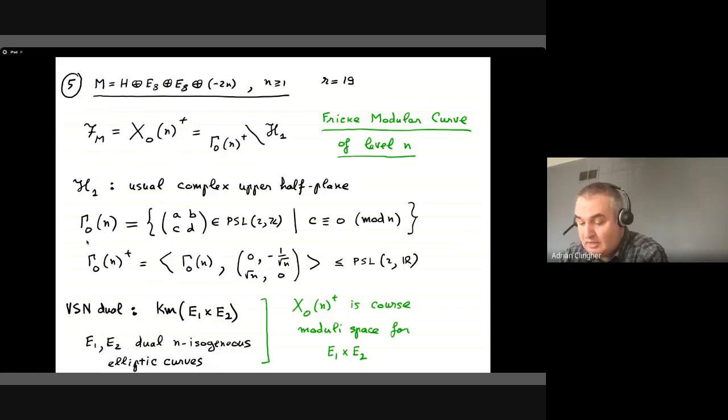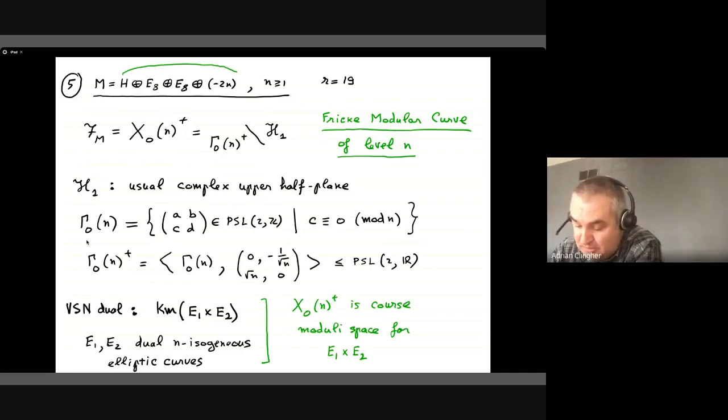Why don't we look at a lattice polarization that has this form? So hyperbolic plus 2E8, and then to get to rank 19, we add another one-dimensional piece which has a generator of self-intersection minus 2n.